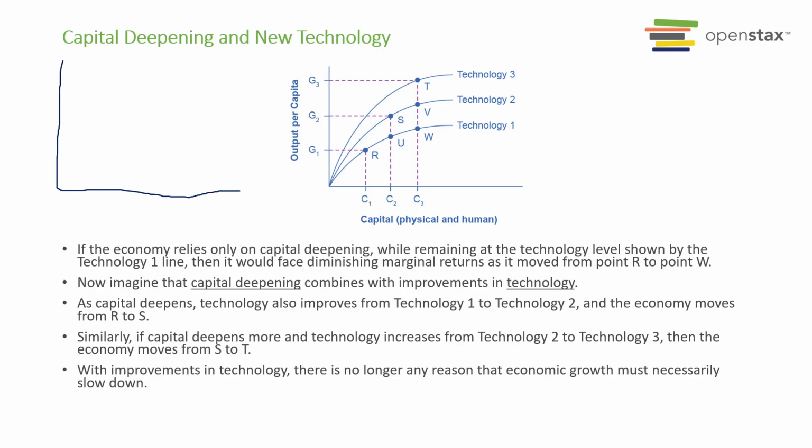Here we have capital. I'll put a K there for capital. And then here we'll put output per capita, and I'll call it Y per population. But technically, this should also be K per population if we have Y per population on the Y-axis.